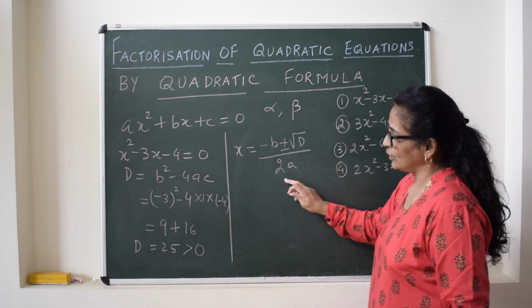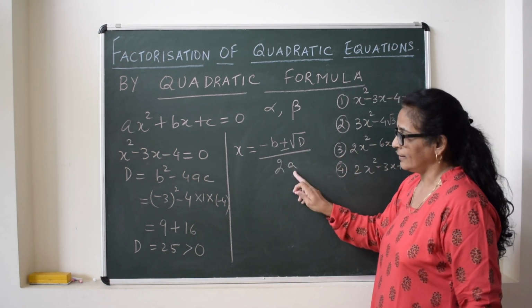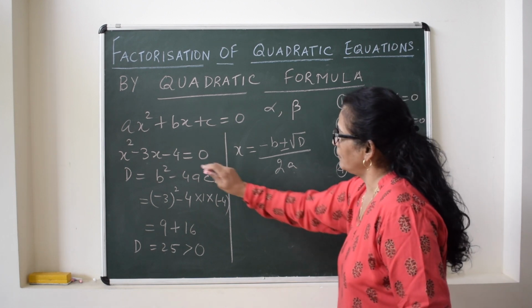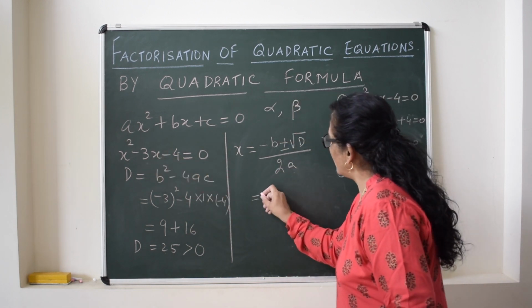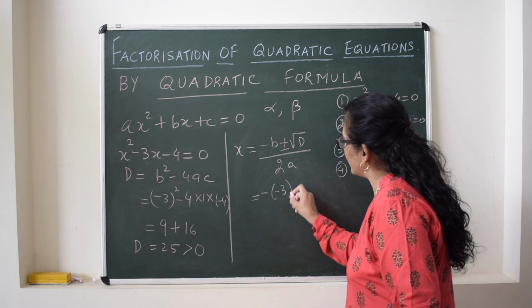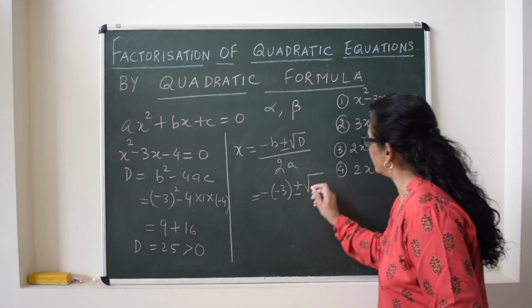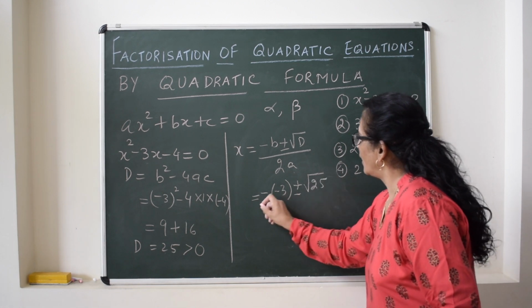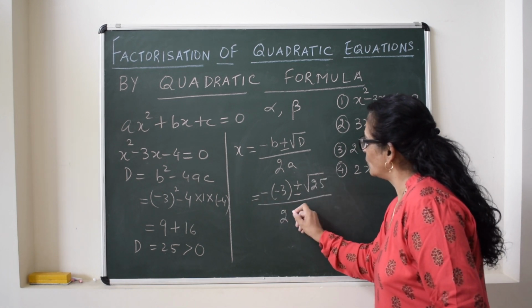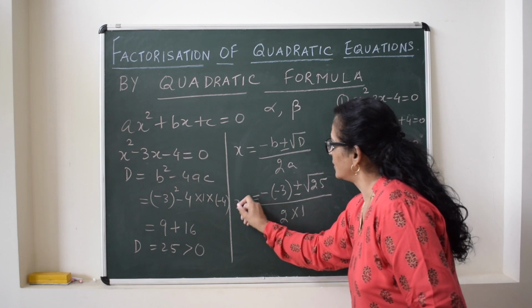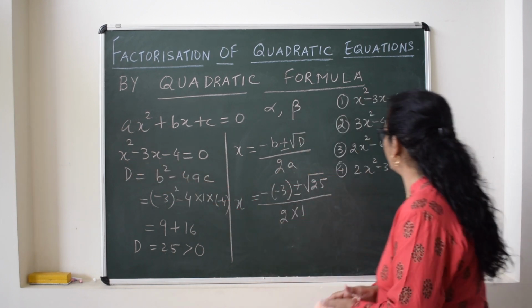Let's substitute the values of b, D and a. What is b over here? Minus 3. So, minus of minus 3 plus minus under root of D we have calculated, that is 25, upon 2 into 1 because a is 1 over here.